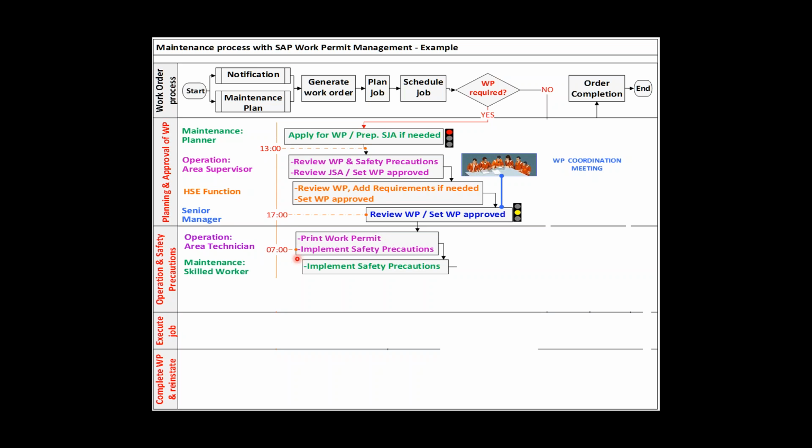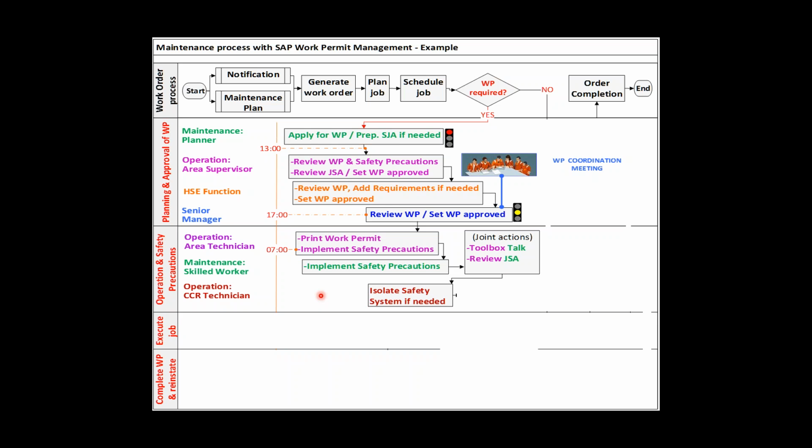Once that is done, the maintenance skilled worker is implementing his safety precautions, and then if there was a job safety analysis, they together review the job safety analysis and carry out the toolbox talk.